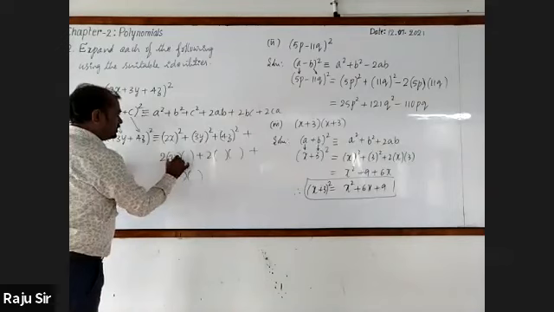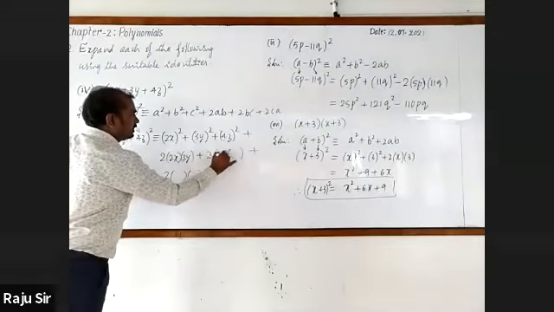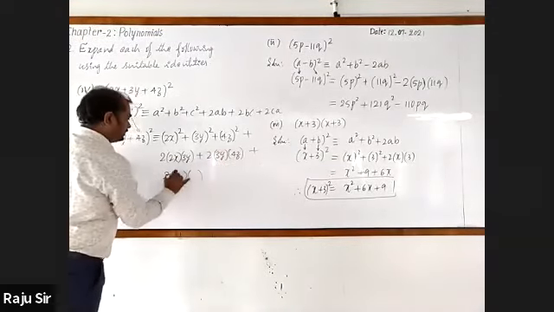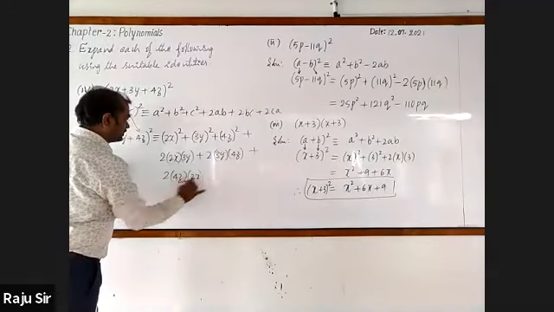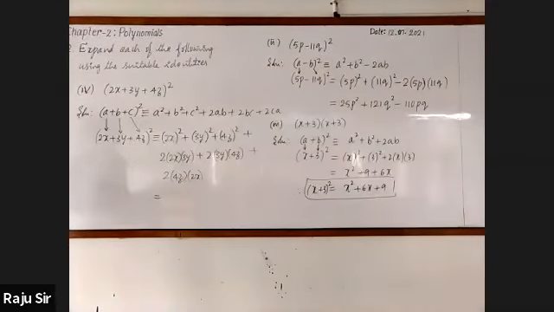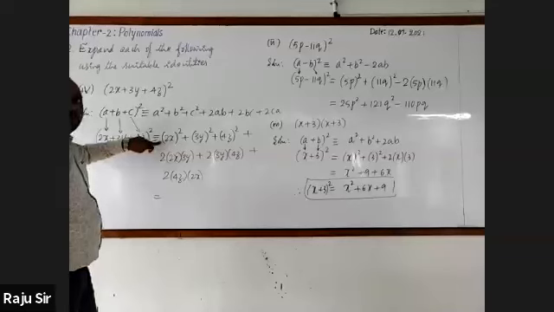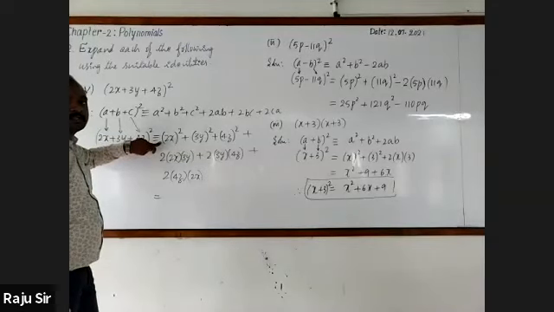It is 2x, 3y, then 3y, 4z, then 4z, 2x. This is equal to 2x whole square.